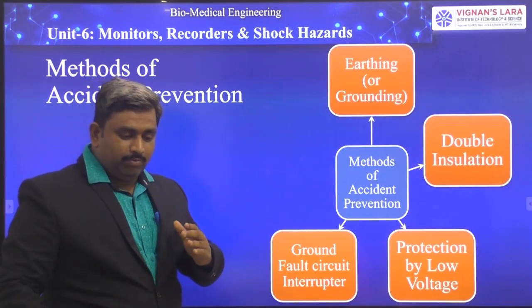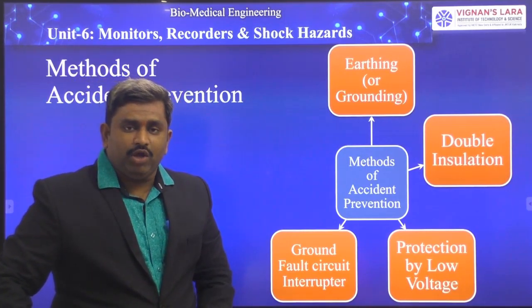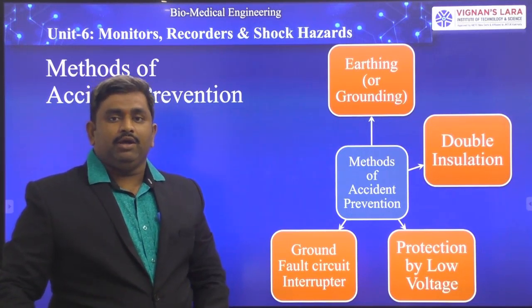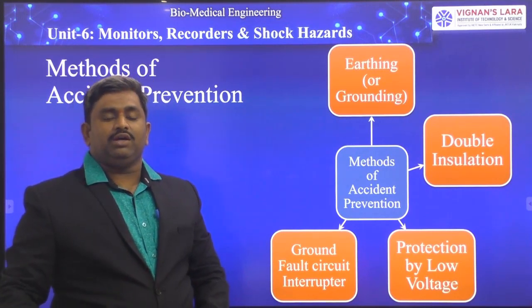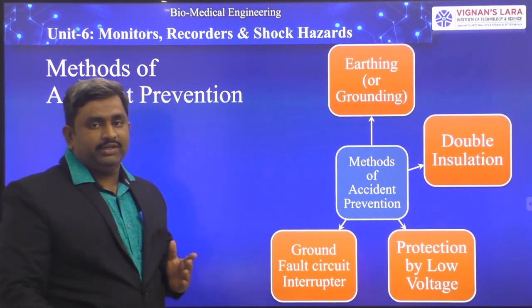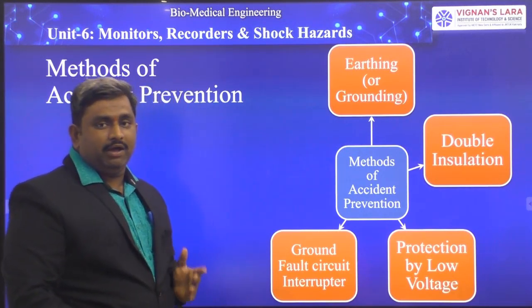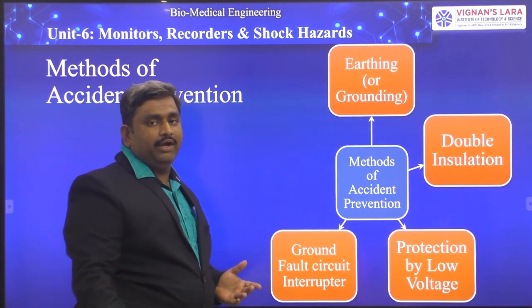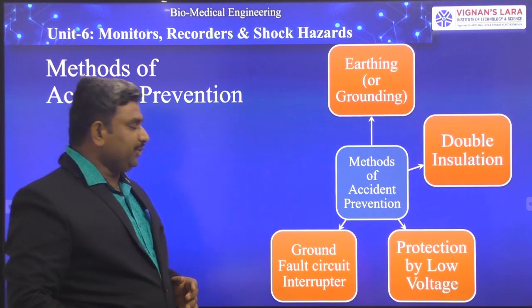In most situations, I think we provide earthing perfectly when the building is constructed, but due to lack of maintenance, sometimes the earthing connection is going to break. At that time we have to identify the grounding connection break. That is, we have to identify ground faults, and we have to provide a circuit breaker to avoid these electrical accidents.